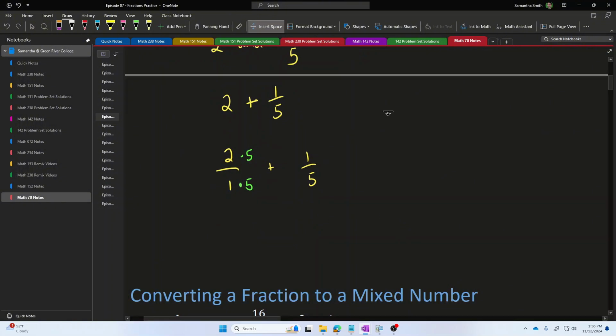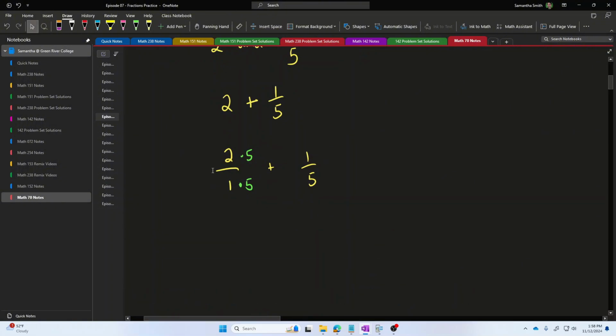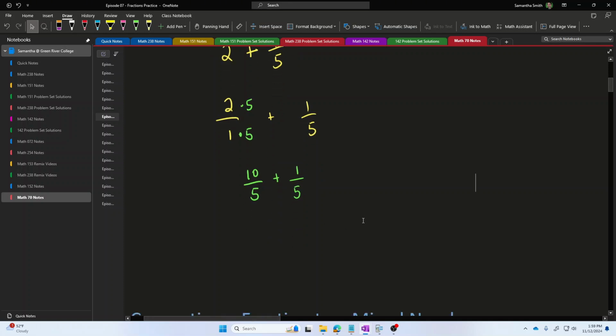So to change 1 into 5, all I have to do is multiply by 5, and I get 2 times 5, 10 in the numerator over 5, added with 1 in the numerator over 5. Now that these two quantities have the same denominator, now that the slices are the same size, all I have to do is add together the numerators, which represents the number of slices.